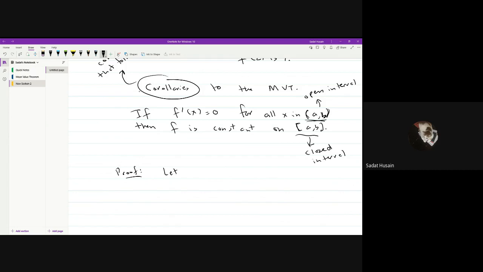Let x1 and x2 be numbers in (a, b) such that x1 is less than x2.